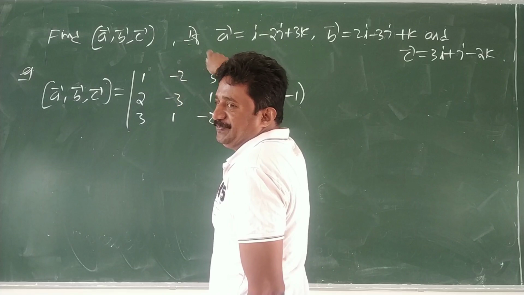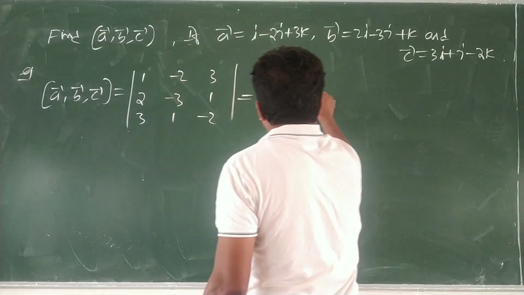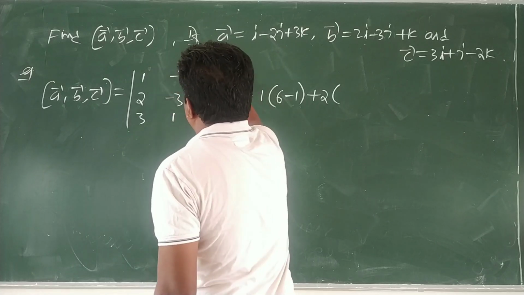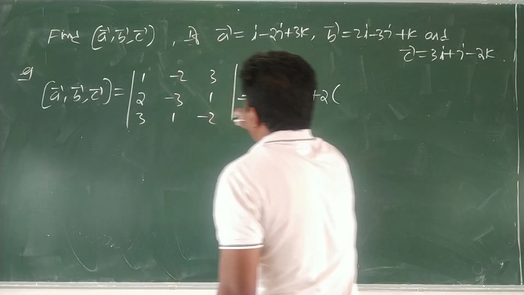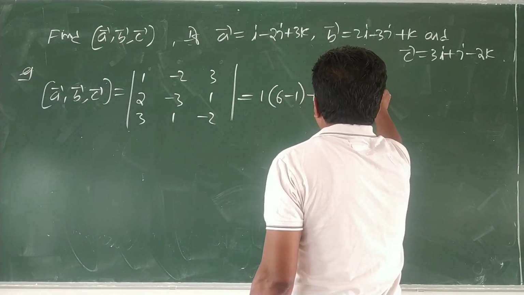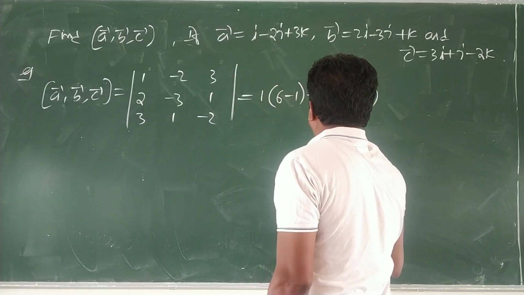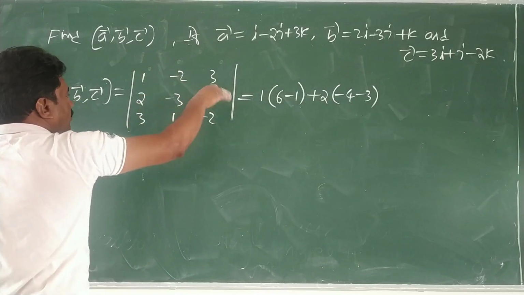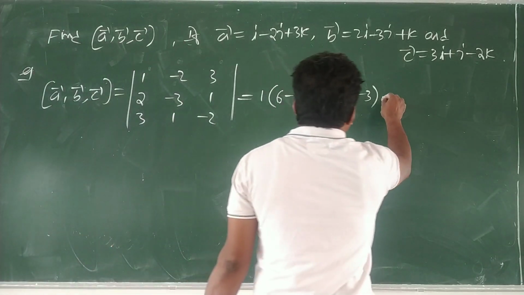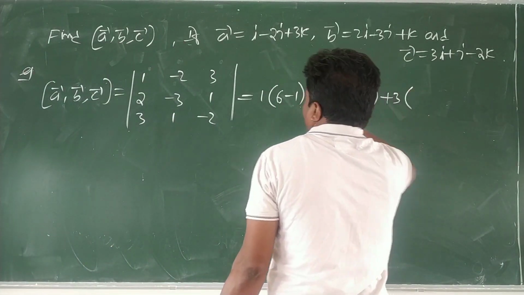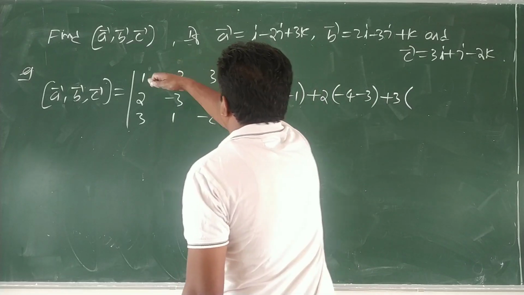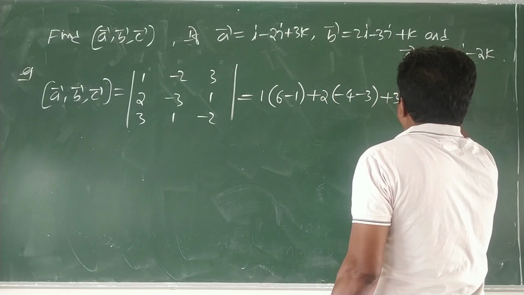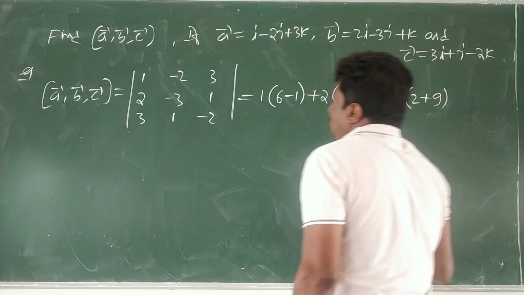Minus into minus, plus 2 into minus 4 minus 3. Plus 3 into 2 ones are 2, minus of minus, plus 3 3s are 9.